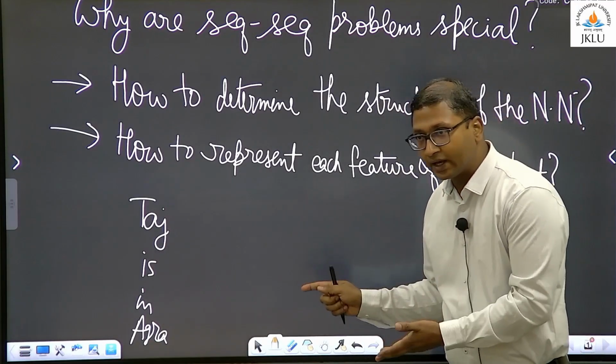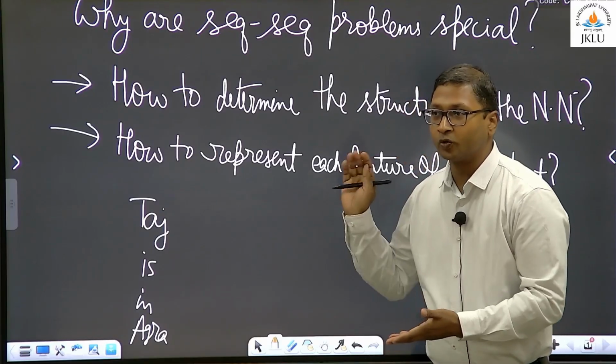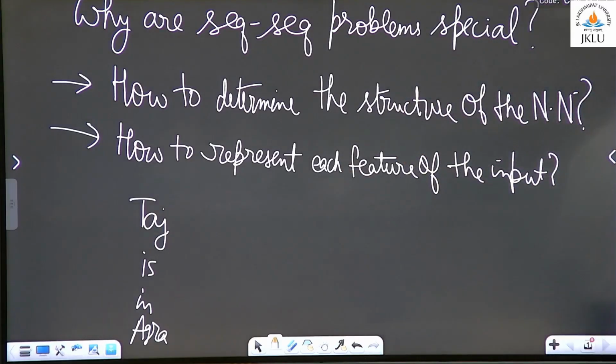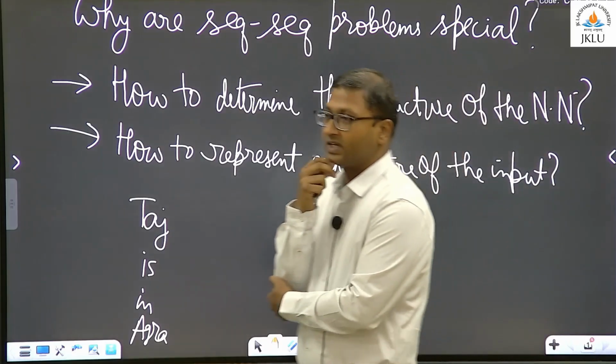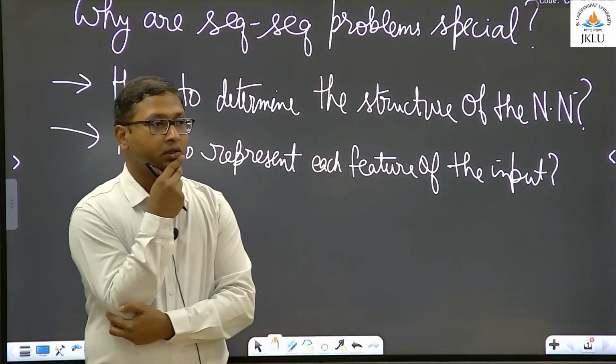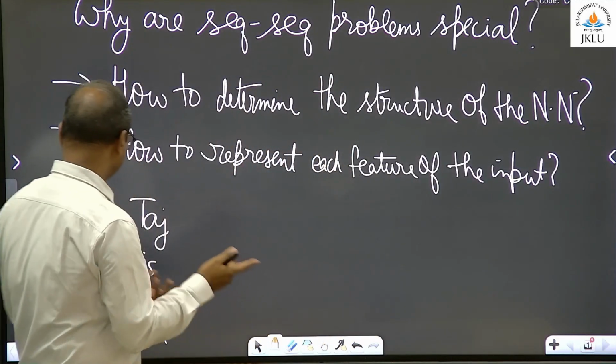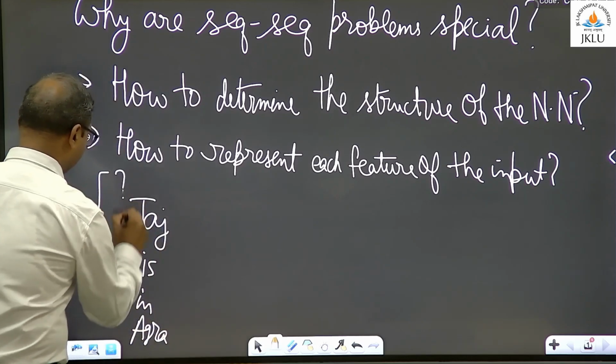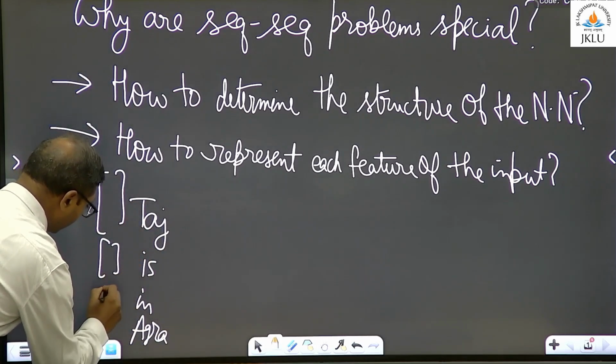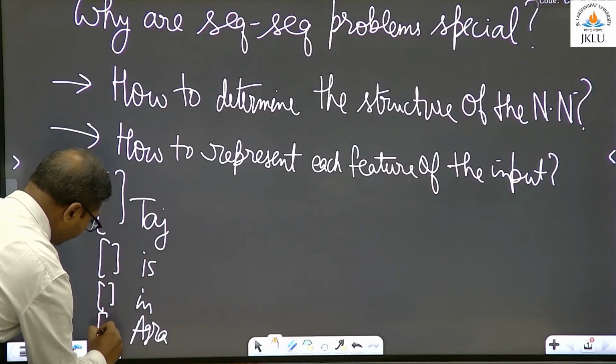I don't have an idea what will be the output layer. Okay? How do I sort this? So Taj will be a vector. This will be a vector 4 cross 1, this will be a vector, and this will be a vector.